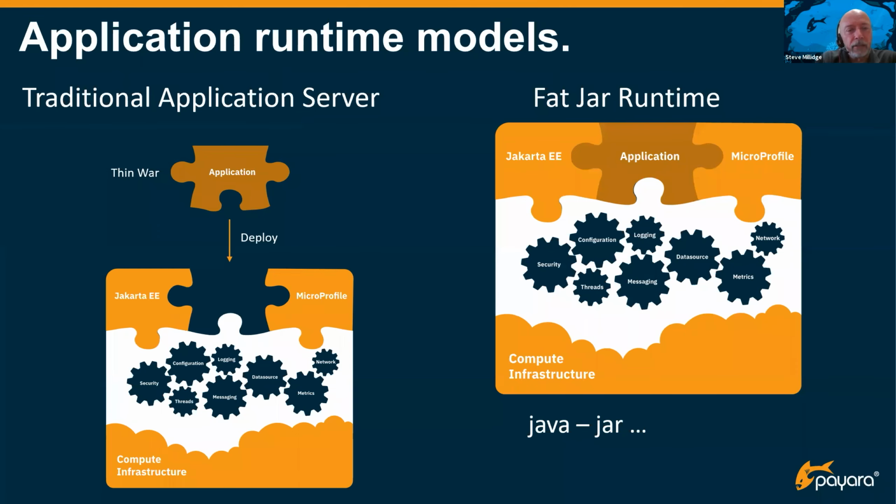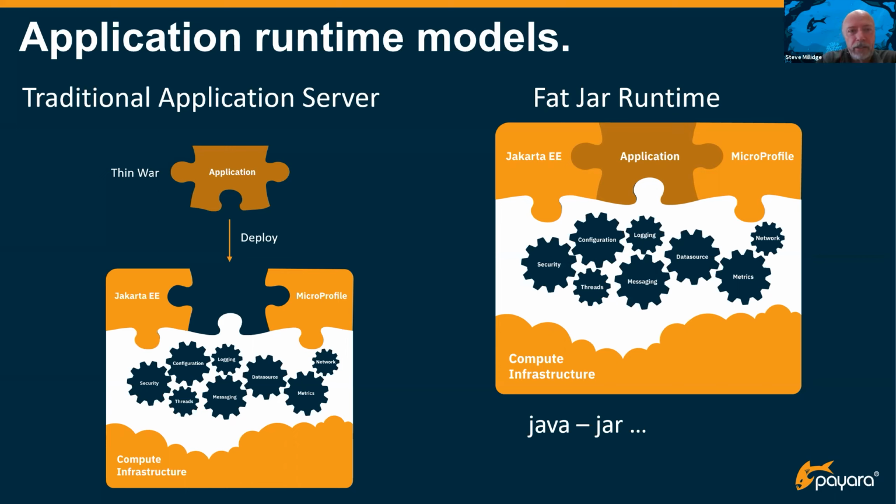You would pull those together and assemble the runtime alongside your application and then package it up into a single archive. And then you would take that archive and deploy it into your compute infrastructure, either just run it on the command line with a java -jar, or you would potentially package it into a container, as we'll see later. And this means that you basically have everything in one archive.